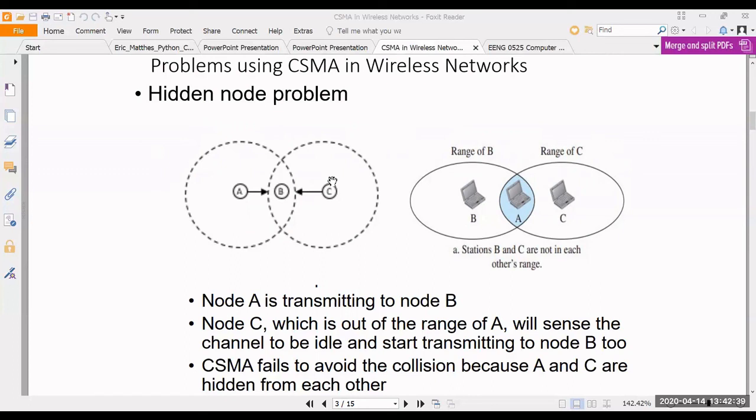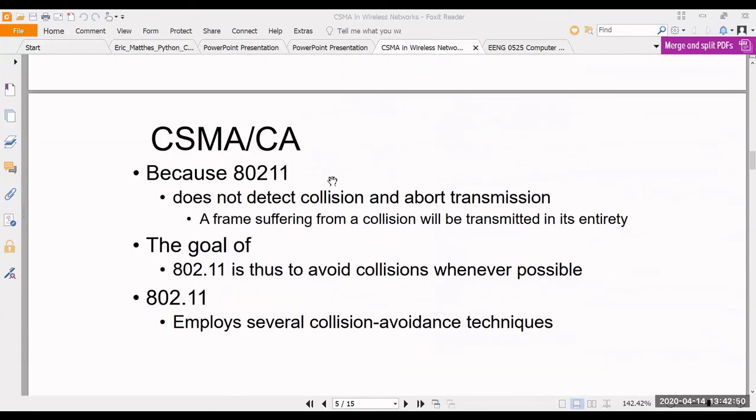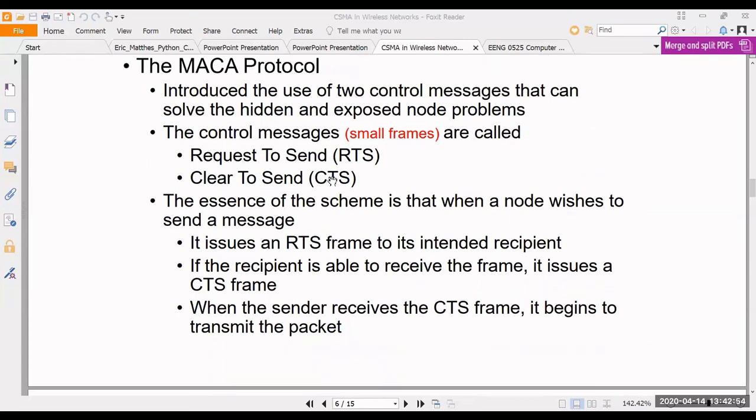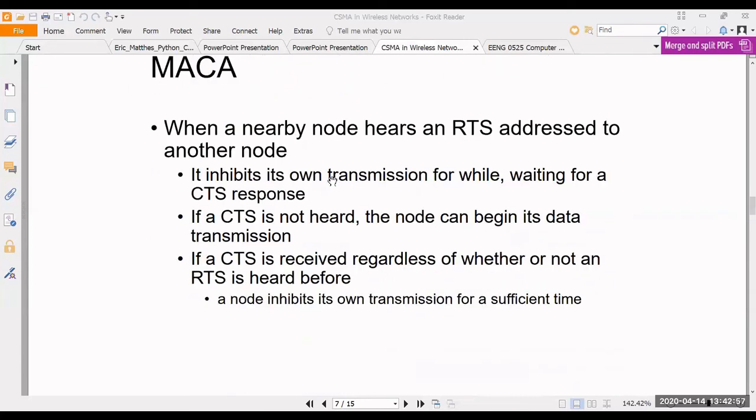Then the transmission goes on. When they are done, they send an acknowledgement to everyone that we are done. So that is what we have for collision avoidance.